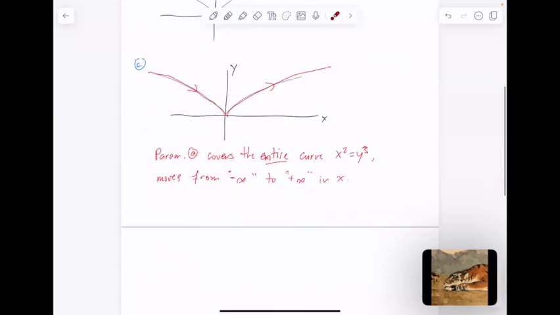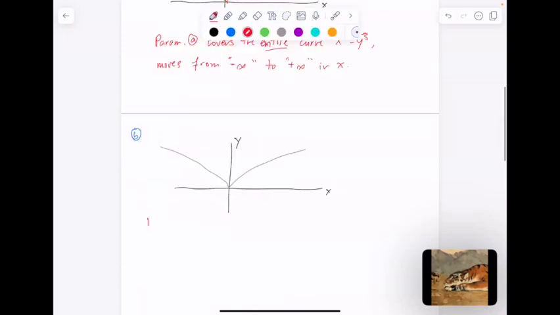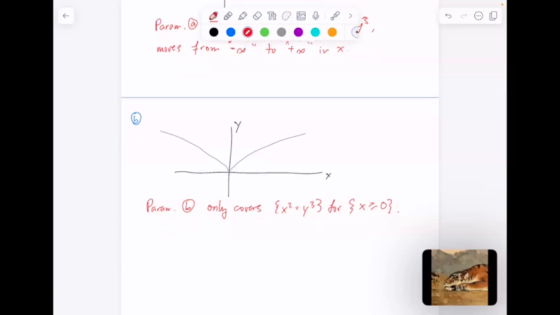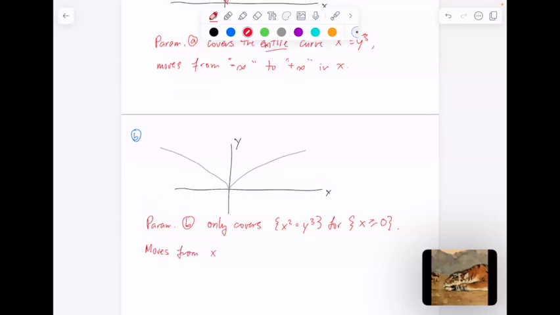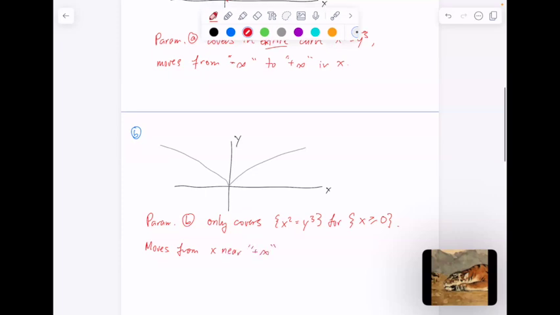All right, so in contrast, in B, your parameterization only covers the curve x squared is equal to y cubed for x greater than or equal to 0, because t to the 6 is always non-negative, and it moves from x near positive infinity to the origin and then back out again.